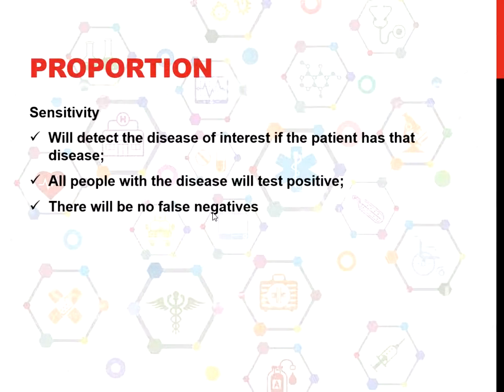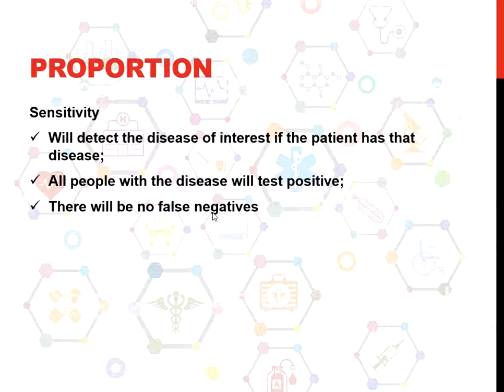So there will be no false negatives. So kumbaga, madedetect niya lahat ng may sakit. Pero ang gusto niya, madetect niya lahat ng may sakit at magte-test ng positive. Pag kasi may sakit at nag-test na negative, ang tawag natin doon is false negative.